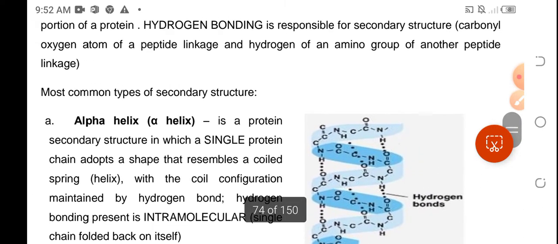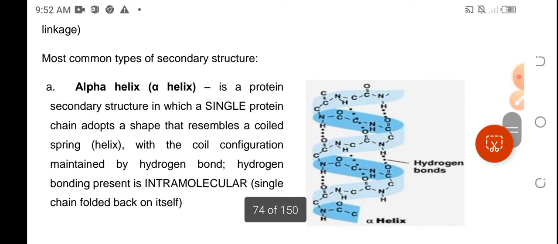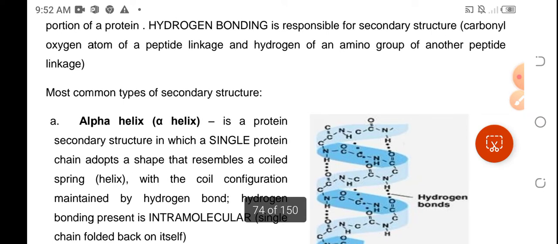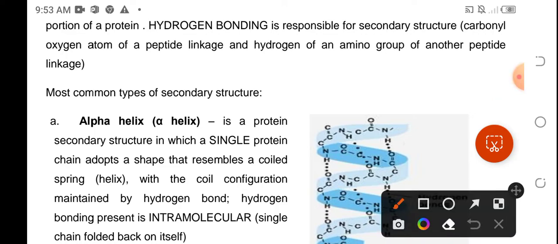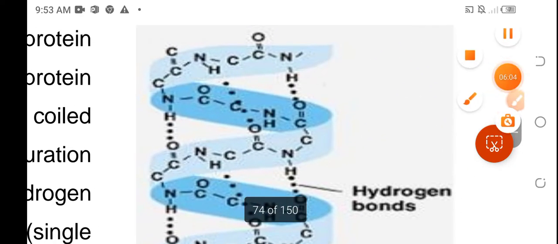Okay. So ulitin natin, kung kanina sa primary structure, the zigzag orientation is due to the tetrahedral orientation of the carbon and nitrogen atoms in the backbone of the protein. Pagdating sa secondary, this is due to the hydrogen bonding of, ito daw, saglit, lakihan natin.